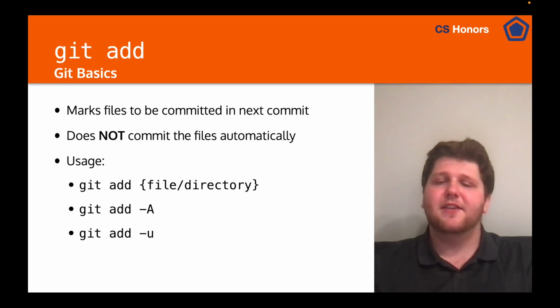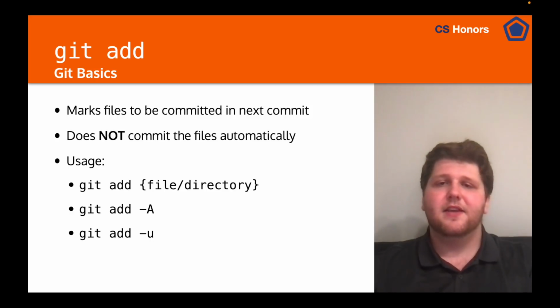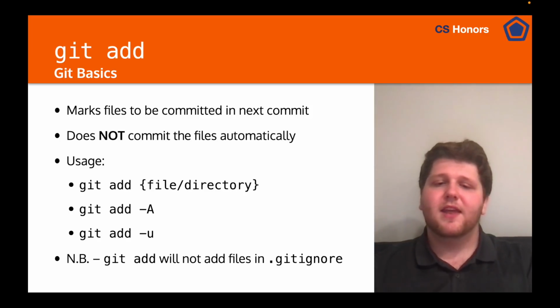And then we have git add -u, which is slightly safer because it will only add files that have been changed or deleted, right? So it allows you to only look at the files that were removed or that you made a change to, which is usually safer, but you can always add the other files that you might have added since your last commit. One quick note is that git add will not add files in your .gitignore, which is a special file, by default.